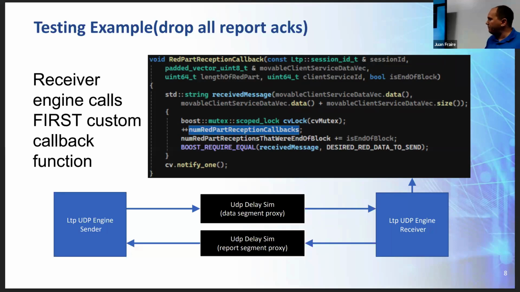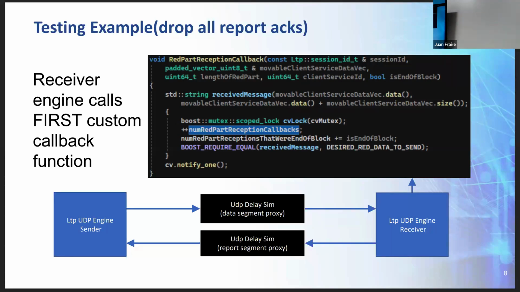Now, what's going to happen is the receiver is going to send reports back to the sender. And then LTP says, okay, the sender received the report. Now it's got to send a report acknowledgement back to the receiver, so the receiver knows that it got its report.